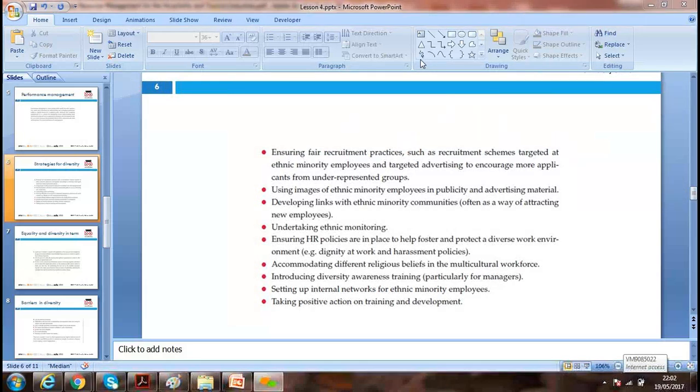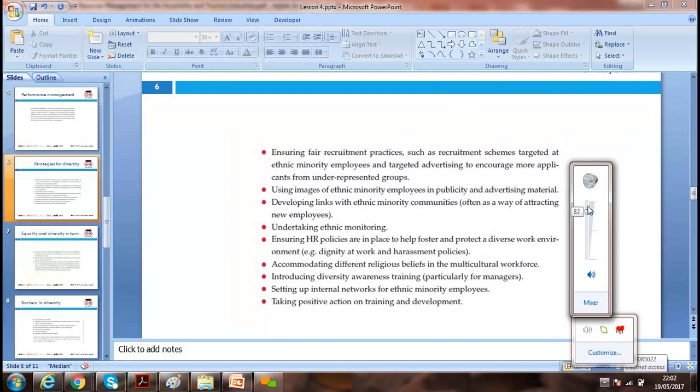Can I ask a question though? On accommodating different religious beliefs in multicultural. So, for instance, you have who doesn't like be a part with like right?